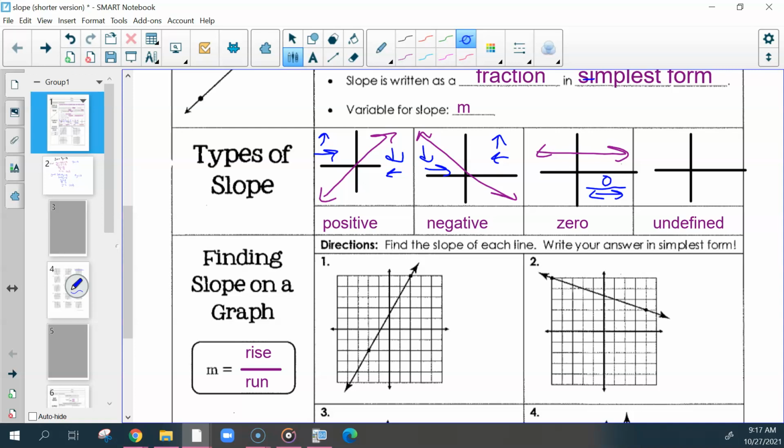So me walking across this room would have a zero slope. Riding the bus to school would have a zero slope. Driving in your parents' car, or when you start driving, would have a zero slope.